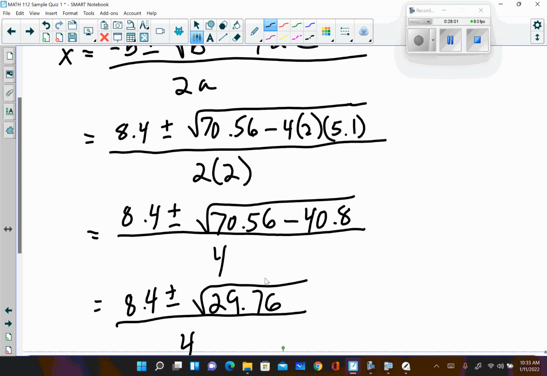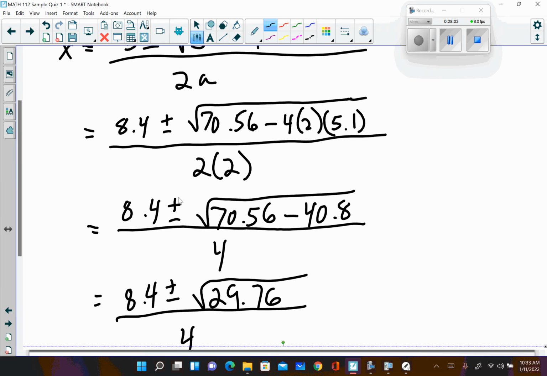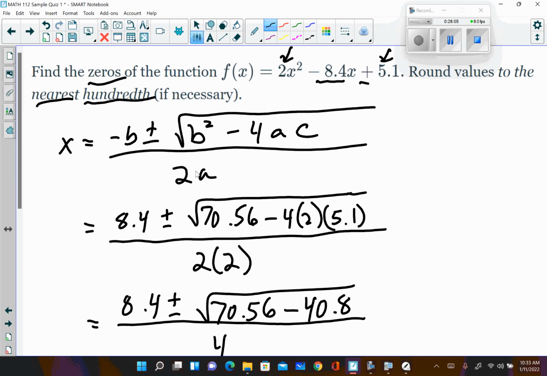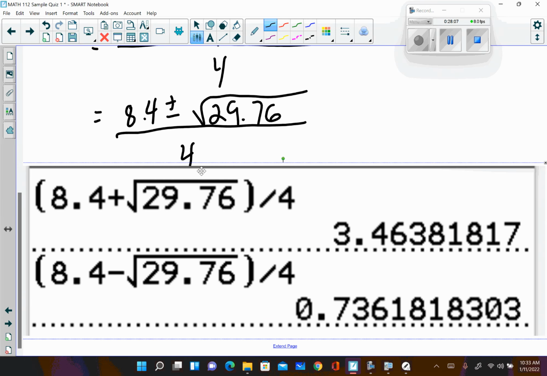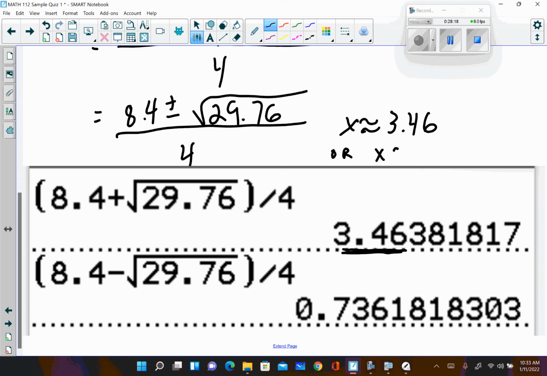So that means the zeros of the function to the nearest hundredth, x is approximately 3.46, or x is 0.74.